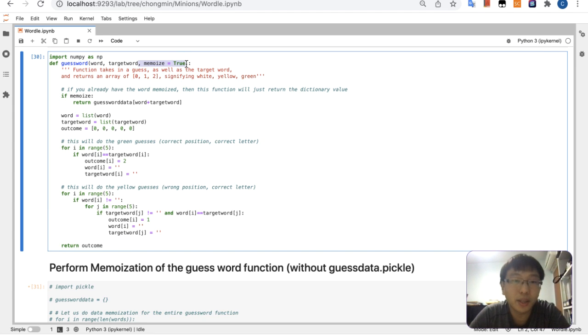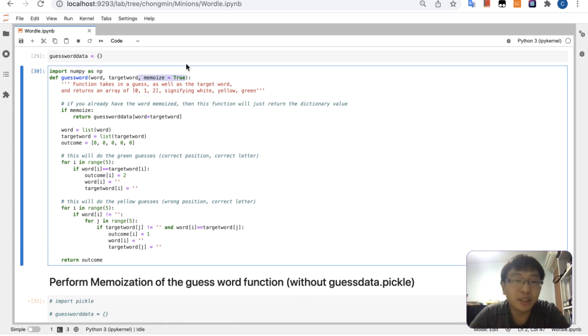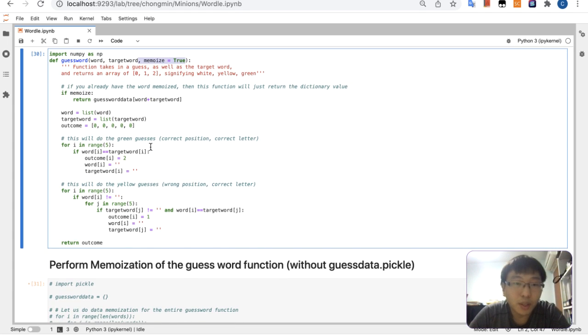What does memorize mean? Memorize in dynamic programming is to store something that has been previously calculated into an array. So I did some form of memorization here, so that I can omit doing these 25 lines of calculation. So this is one thing.